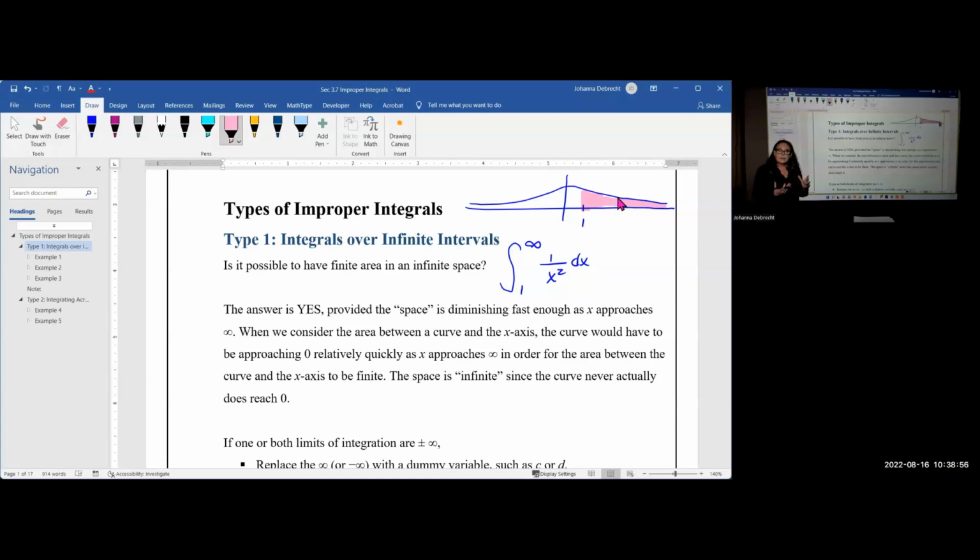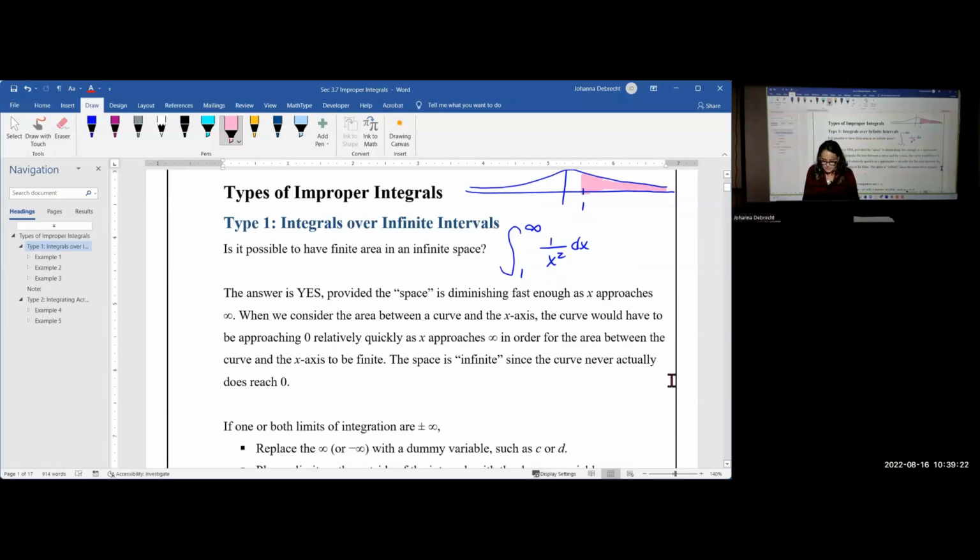So we need to make more precise what we mean by diminishing fast enough. I mean, fast enough is not really mathematically precise, is it? So we need to figure out what that means and how I can precisely evaluate this by approximating it with something like a Riemann sum. Because again, this is a definite integral, except that it's improper because of the infinity.